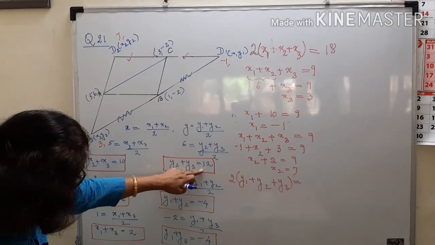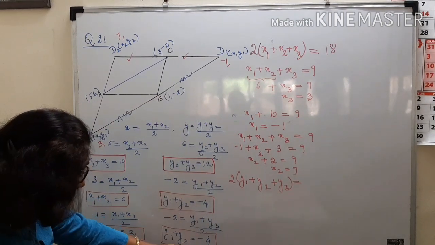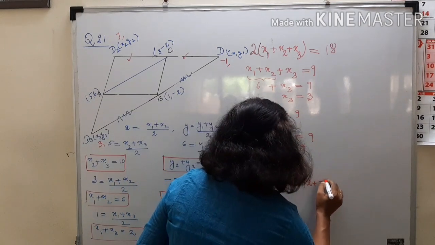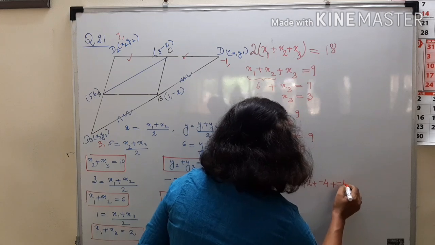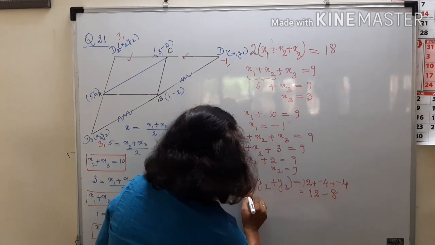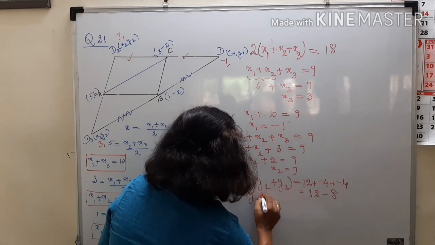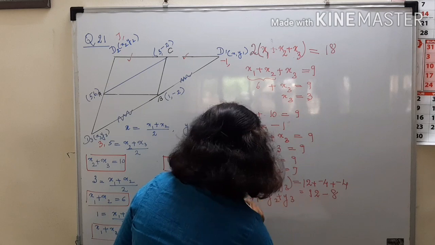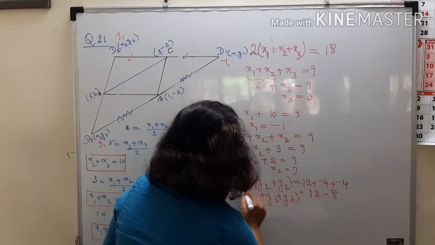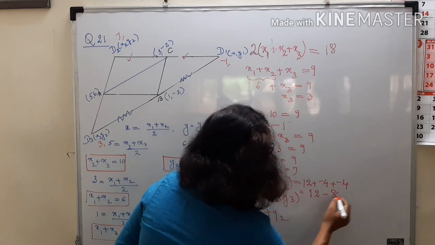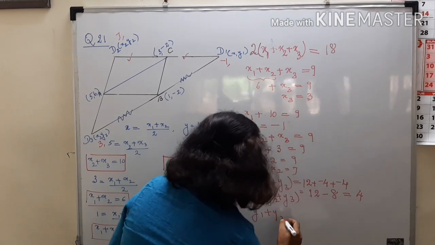What is that? 2 times y1 plus y2 plus y3 will be equal to 12, negative 4 and negative 4. So, 12 plus negative 4 plus negative 4 gives you 12 minus 8, which is 4.